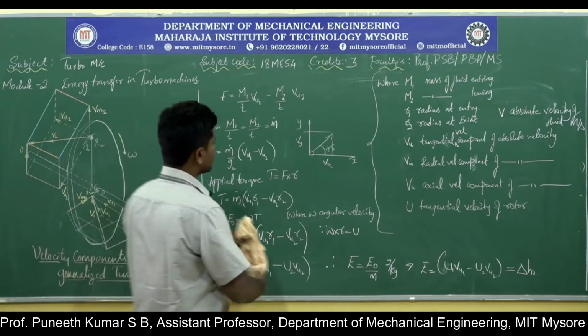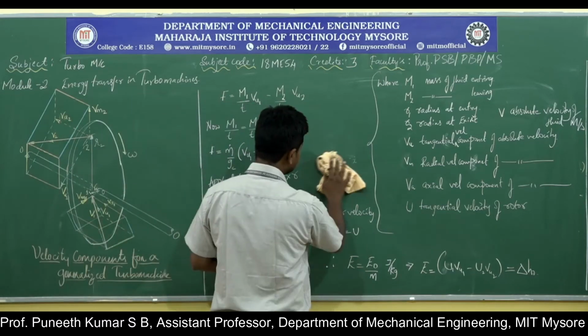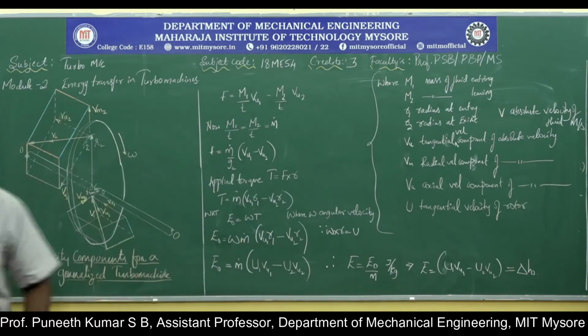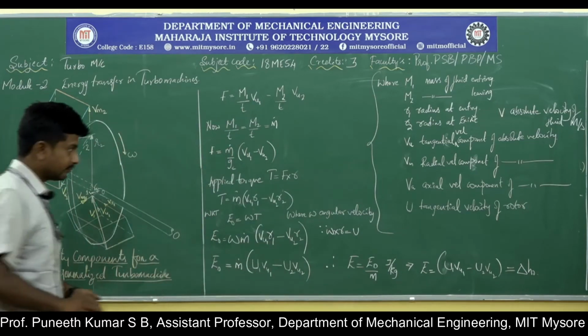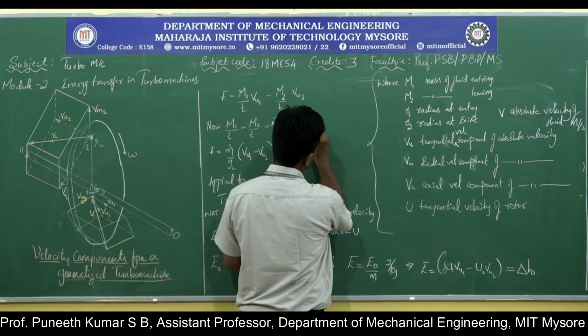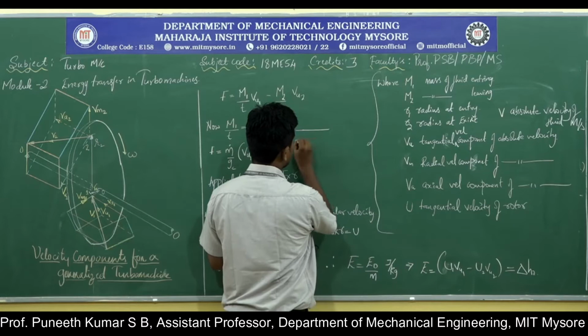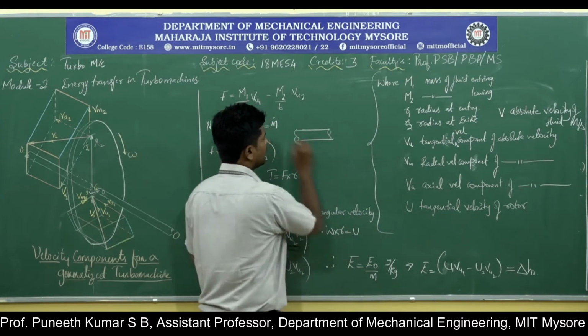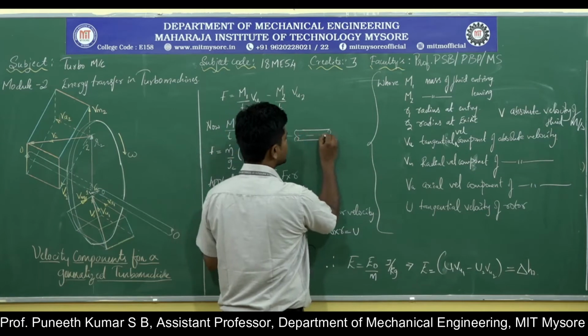In the language of turbo machines, the directions are named with respect to the axis of the shaft. Suppose I consider this as the shaft and this to be the axis.